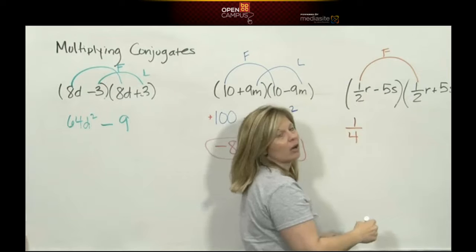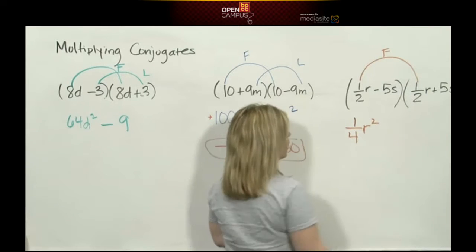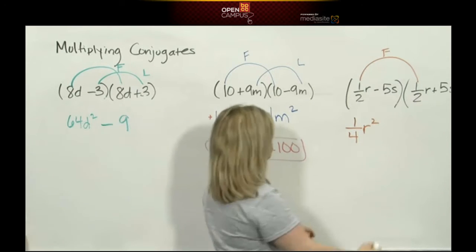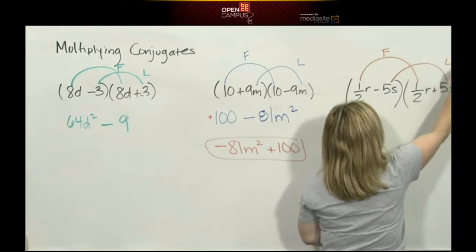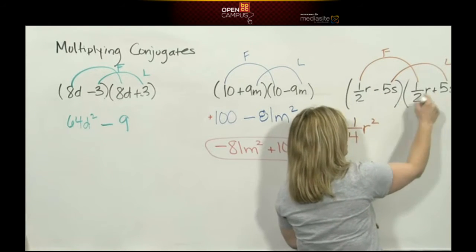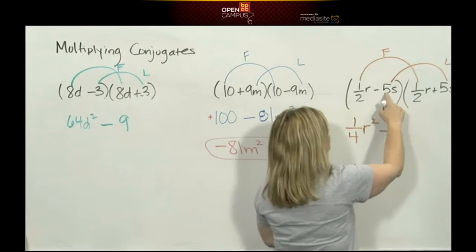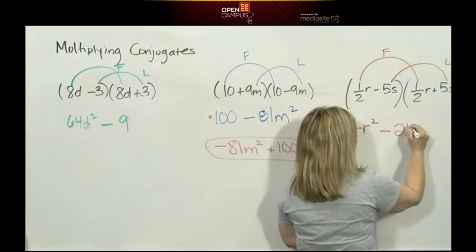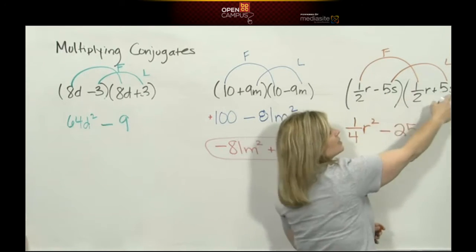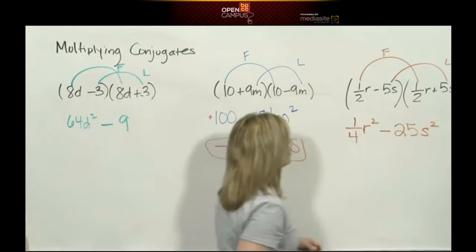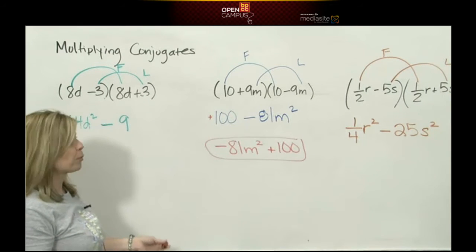R times r till the day you die is r squared. Now we'll multiply what's last. A negative times a positive is a negative. 5 times 5 is 25. S times S is S squared. And that would be your product.